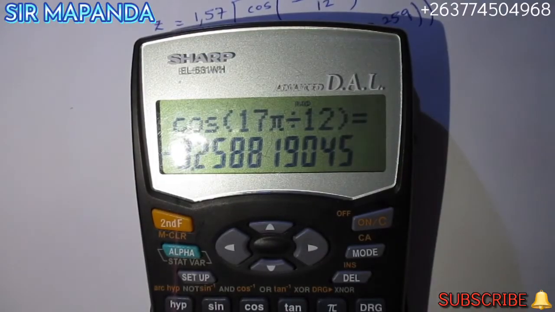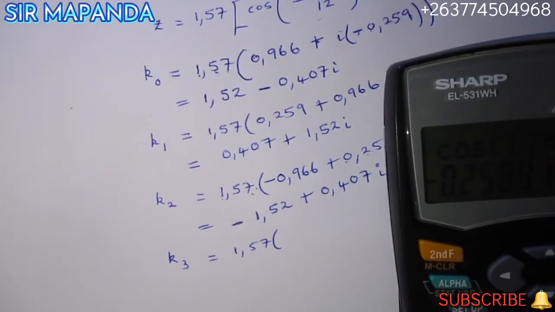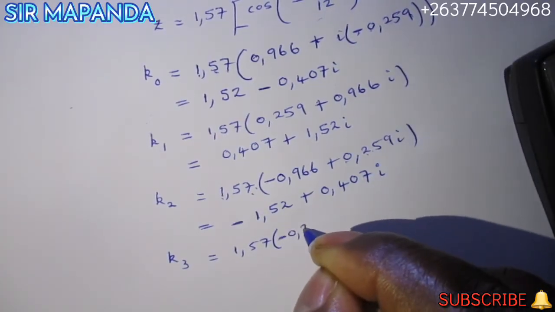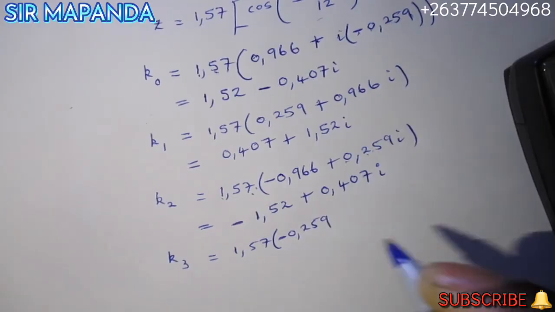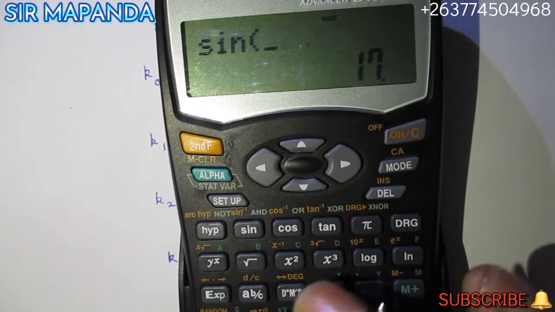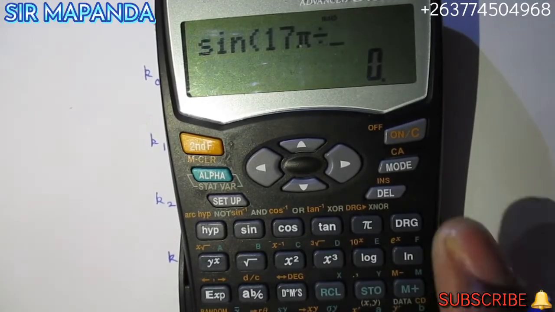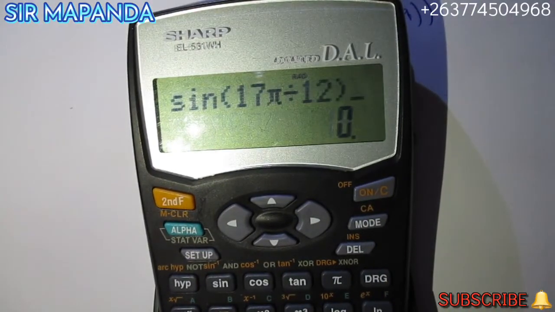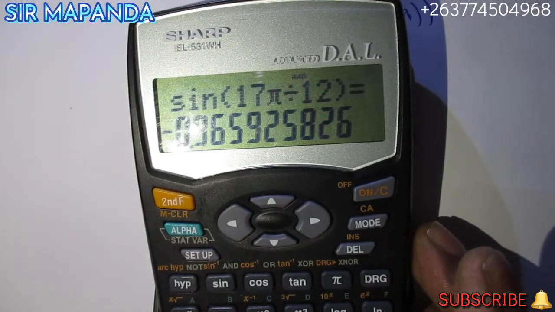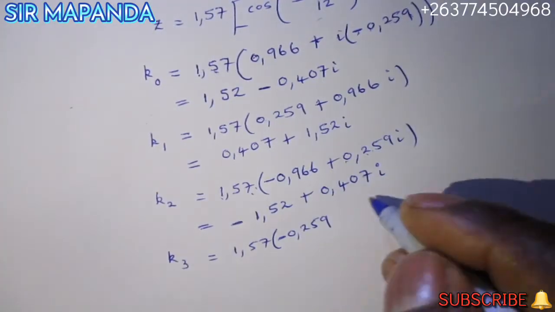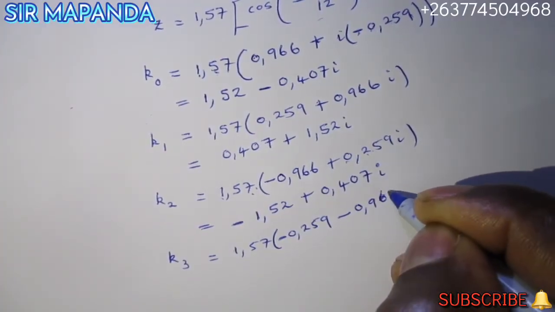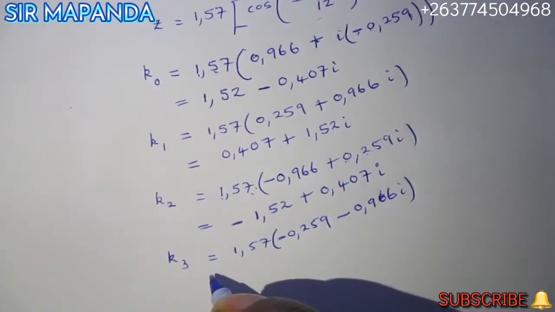You get minus 0.259. Then we now need to identify sine 17 pi divided by 12. What do you get? Minus 0.966. Then you put i, something like this.